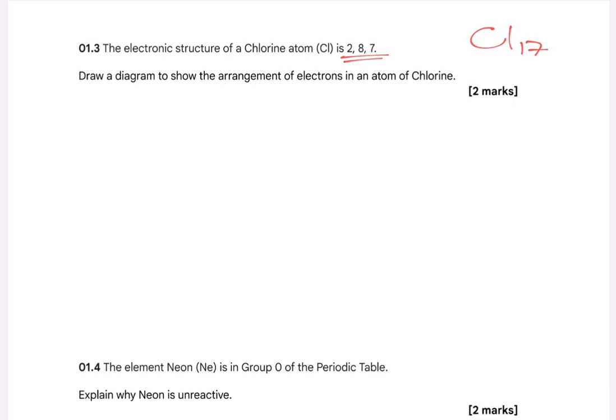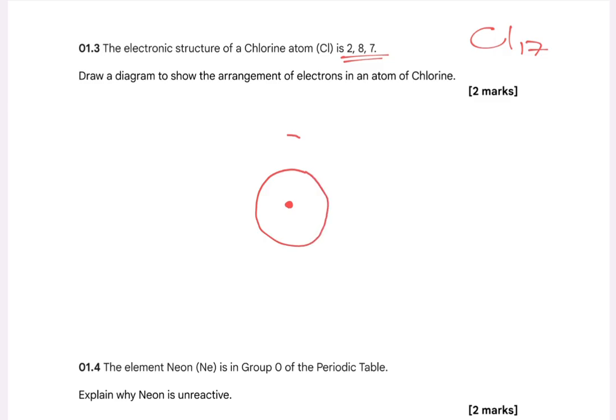And this is asking us to draw a diagram to represent that 2, 8, 7. So when you are drawing an electronic arrangement diagram, you always have to start with the nucleus. You don't necessarily have to label it as a nucleus or draw the numbers of protons and neutrons within it, but always ensure there is a dot at the center of your diagram to illustrate that the nucleus is there.